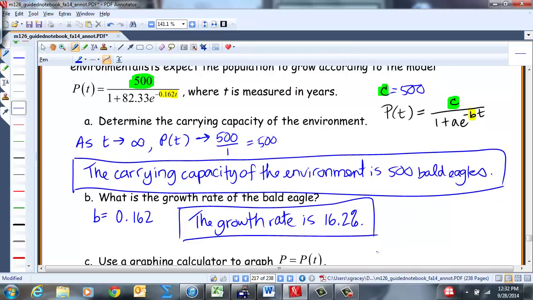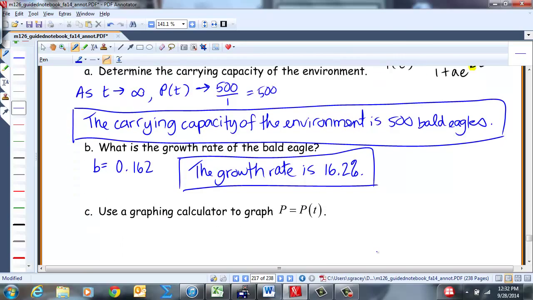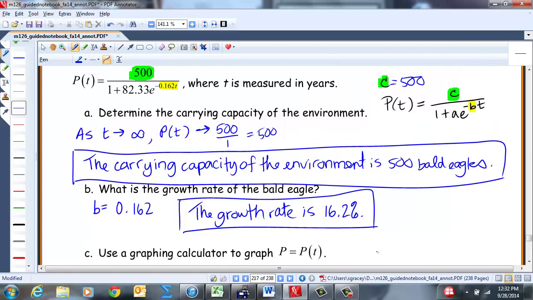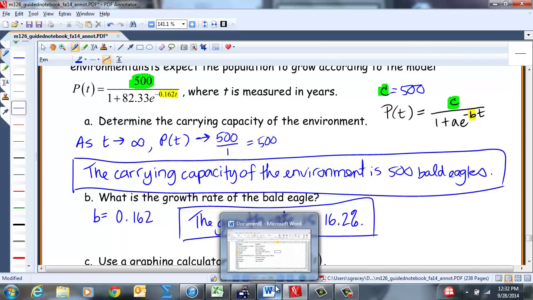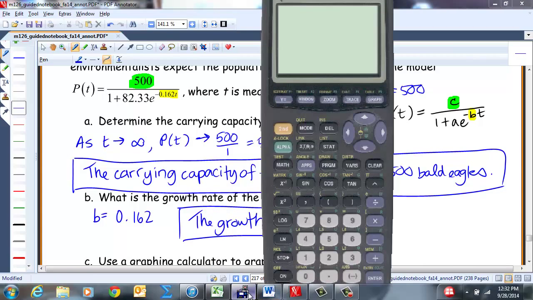All right. Use a graphing calculator to graph. So let's get our formula up. All right, so we have 500 divided by, you've got to put parentheses around it, otherwise it'll only divide the 1.